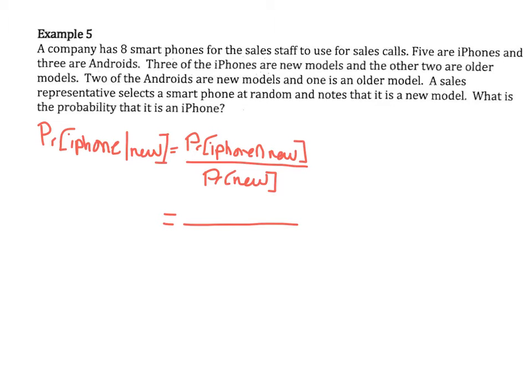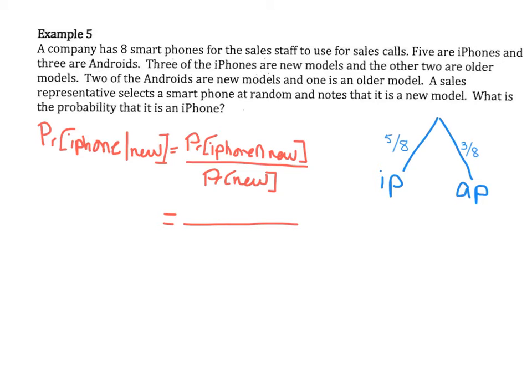And I'm going to introduce, we've talked about using just equations, Venn diagrams. Something we haven't talked about in a while are trees. So if you think first about what kind of phones we have, we can either have an iPhone or an Android phone. And it said that there were 5 iPhones, 3 Android phones.